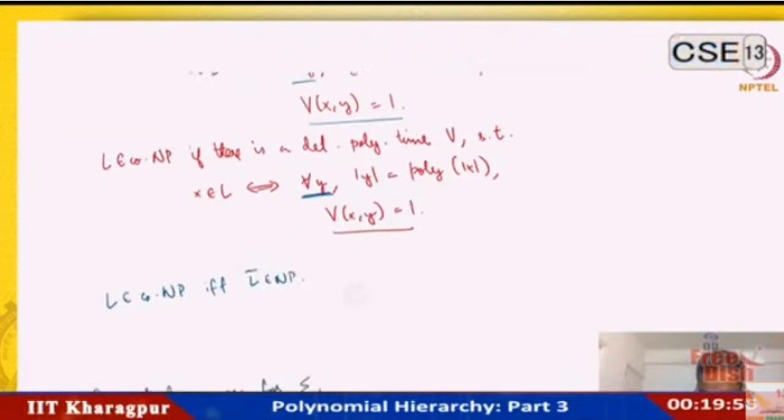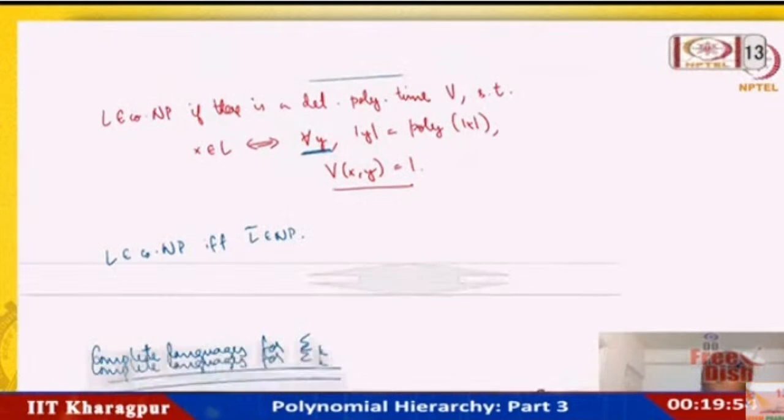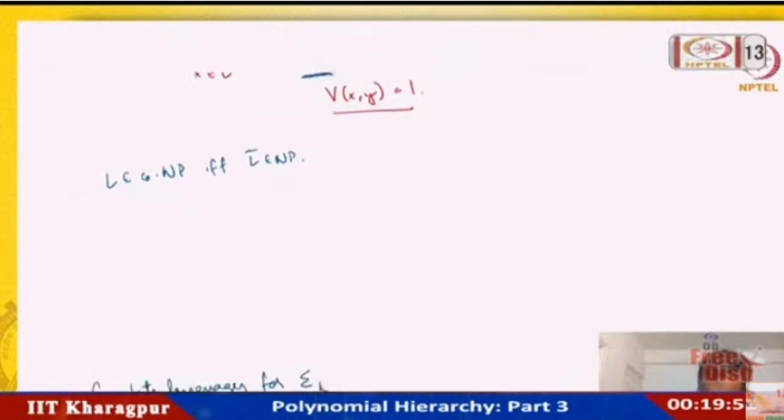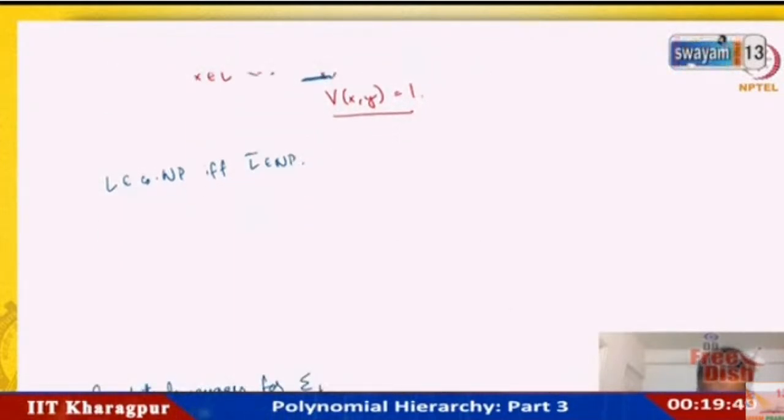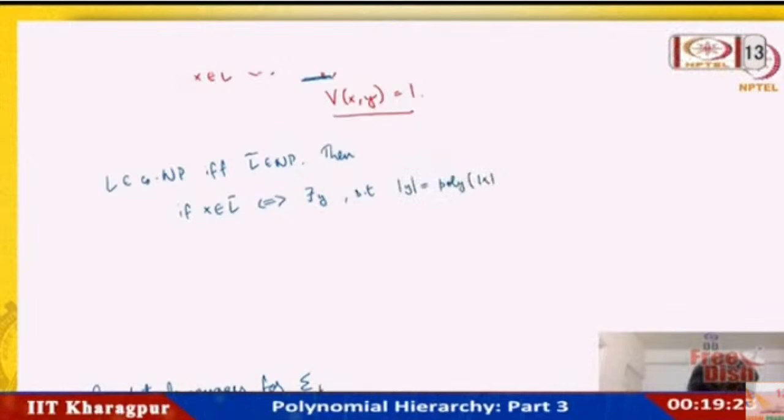Suppose L complement is in NP, right? So then what can we say? There is a polynomial time verifier, which means if x is in L complement, there exists y, such that the length of y is polynomial in the length of x.